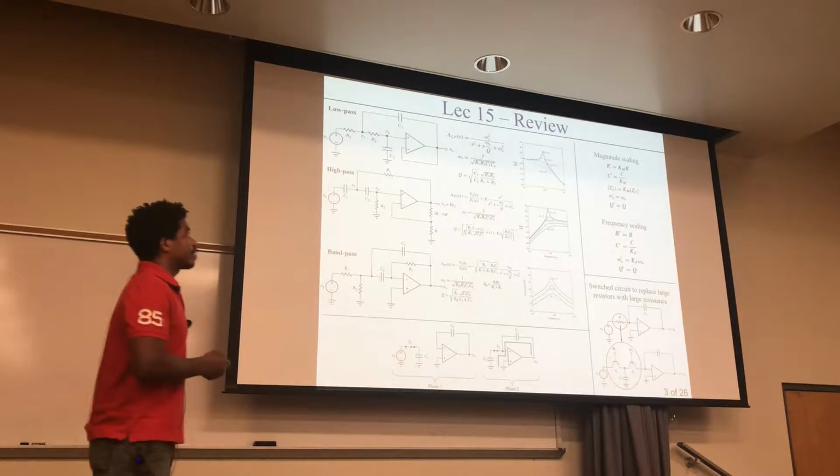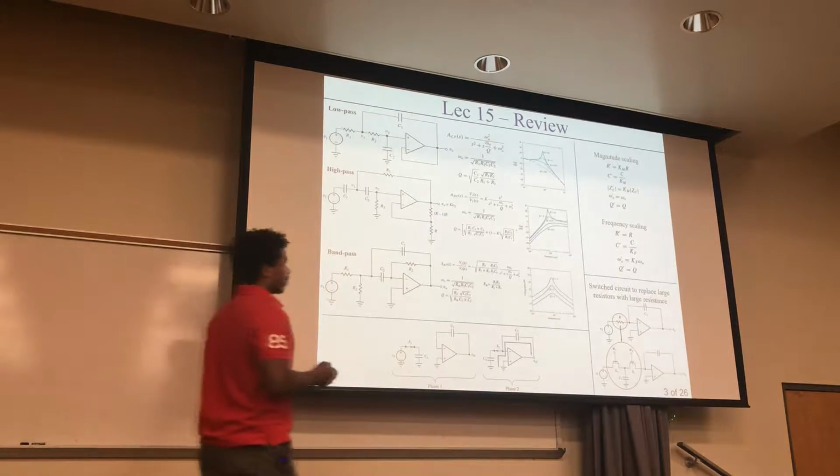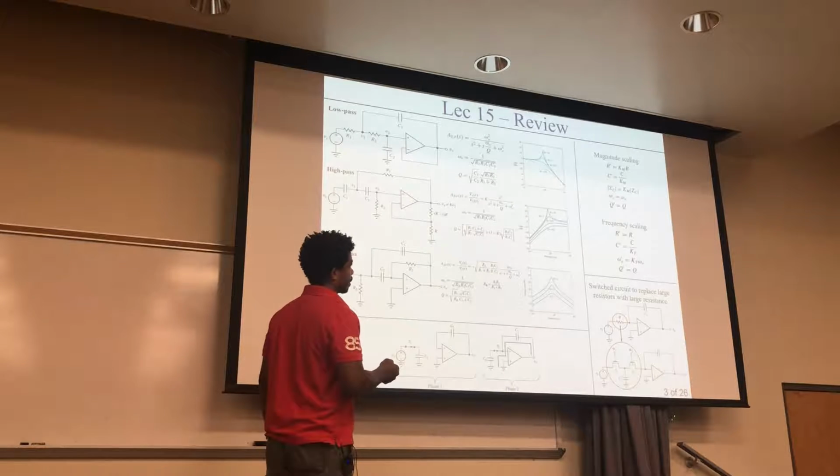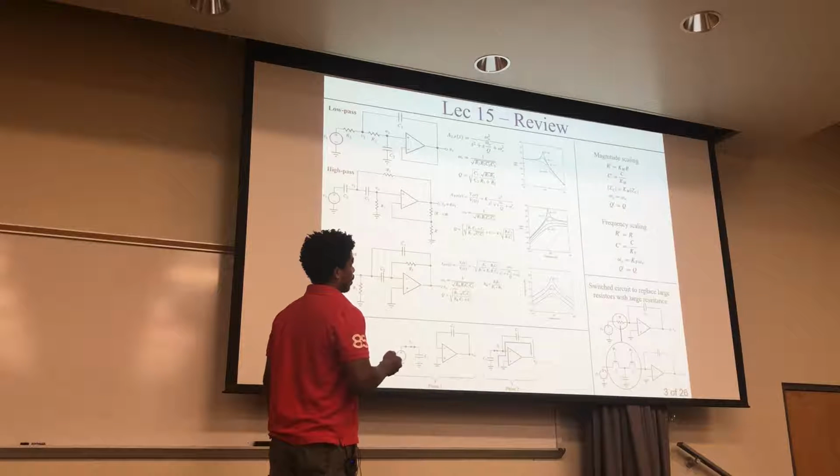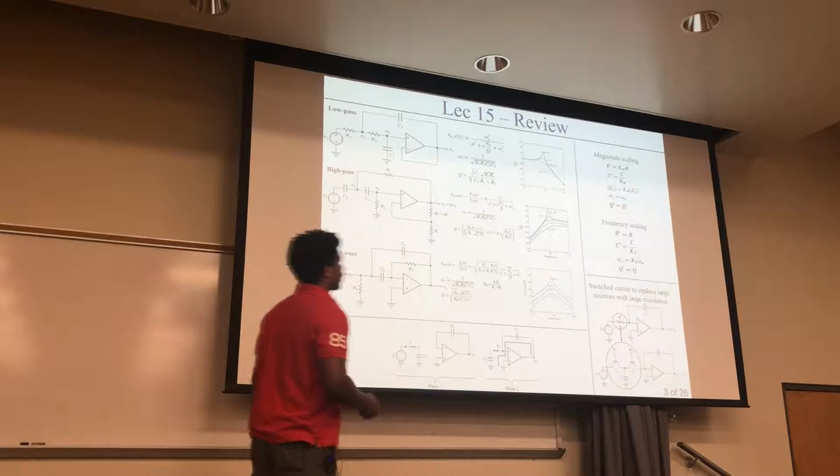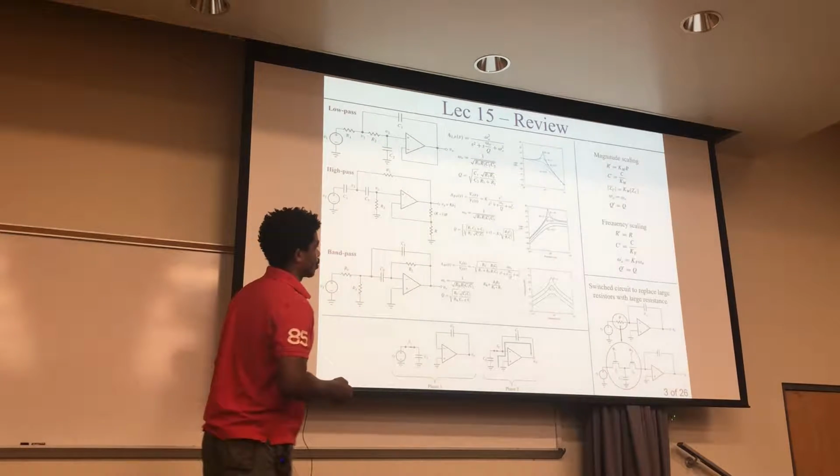For frequency scaling, you scale the frequency by some factor kf, but the quality factor is left alone. What you do is leave the resistors alone, but divide the capacitors by kf. And then we also got into switch capacitors, so we'll do more of this today.